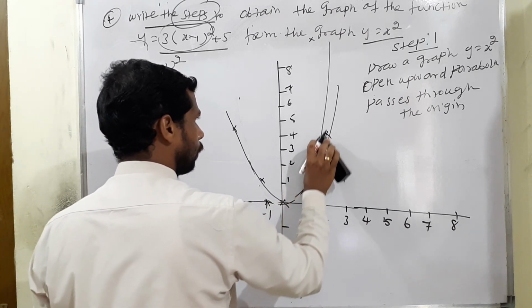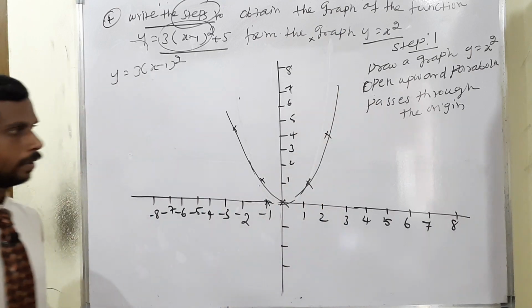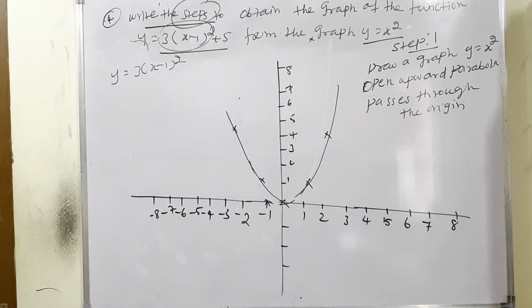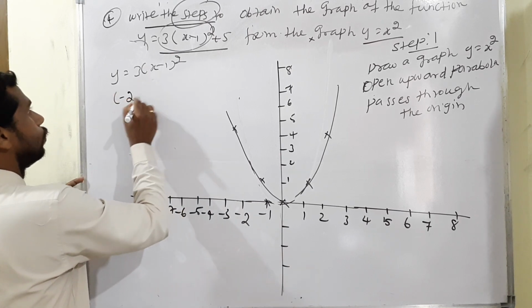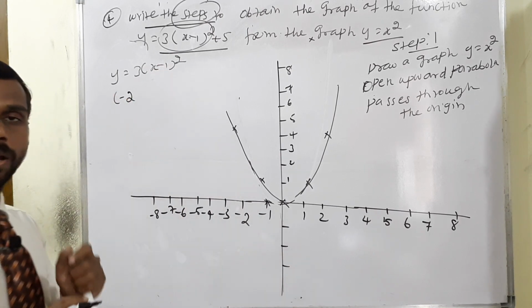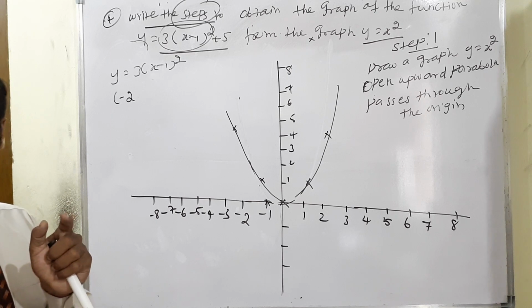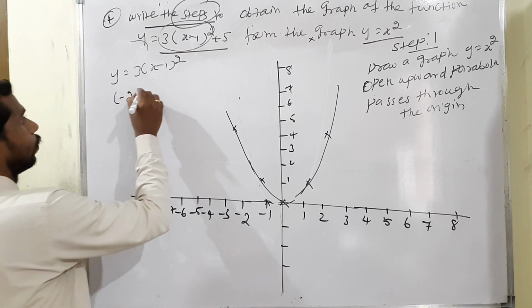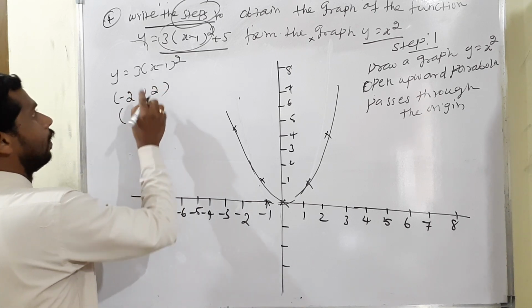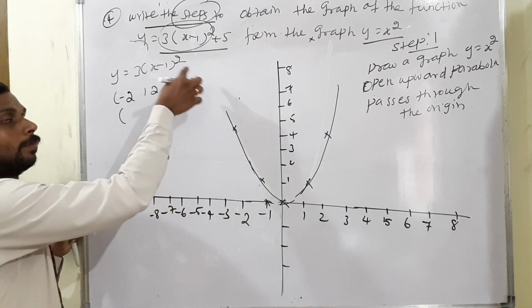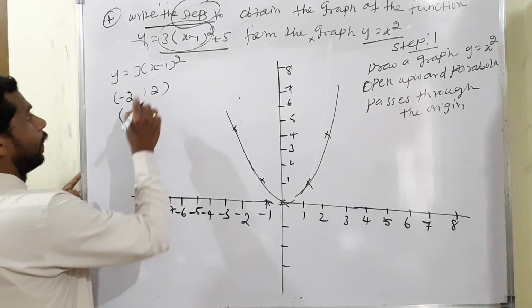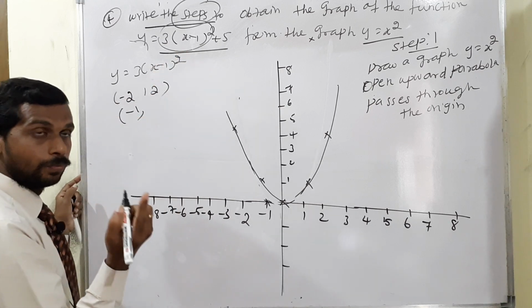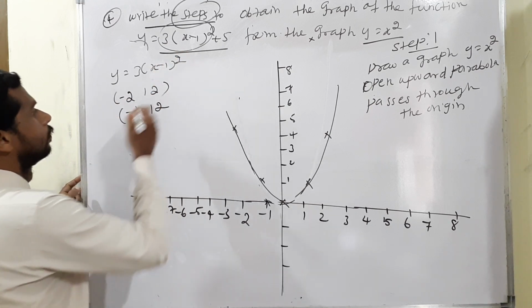Okay, just wait. So minus 1. Now the same condition: minus 2 means minus 2 minus 1, minus 3. Minus 3 whole square means 9 will come, 9 threes are 27. So that is the biggest one. Again minus 1: minus 1 minus 1 is minus 2. Minus 2 the whole square means 4 will come, 4 threes are 12.